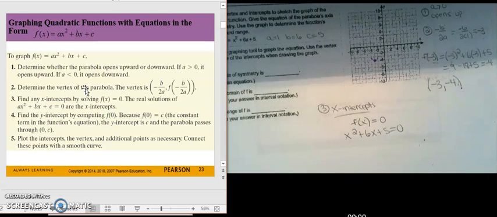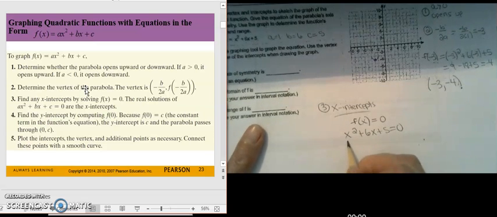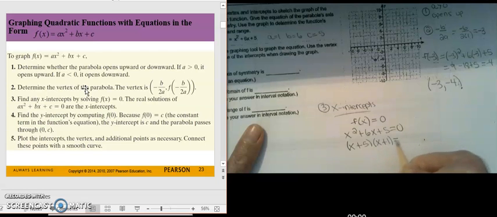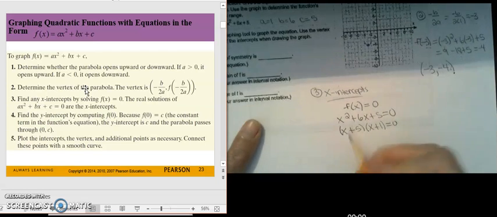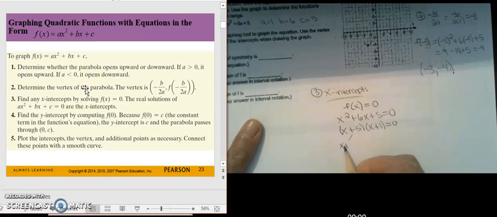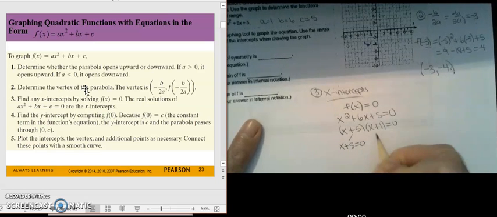That does factor, luckily. If you don't want to factor it, you can also use the quadratic formula, but it does factor. The two factors are x plus 5 and x plus 1. And if I set each of these equal to 0, I get my two x-intercepts, which are also called zeros. One x-intercept is negative 5, and the other one is negative 1.